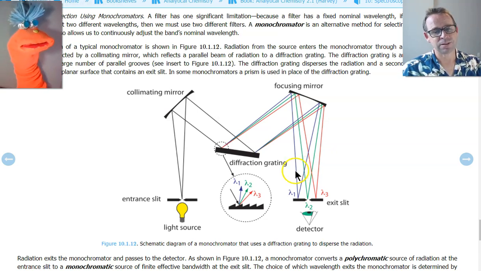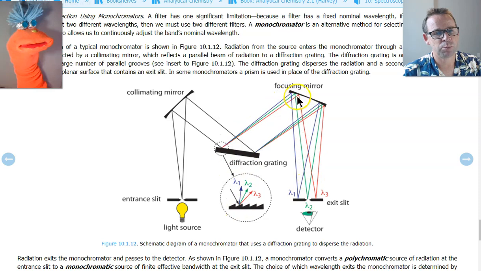Well, you can use this, and then you can choose exactly what wavelength you want to pass through your excitation slit, or pass through your slit that's going to head to the sample, and eventually to the detector. So the diffraction grating allows this to occur.